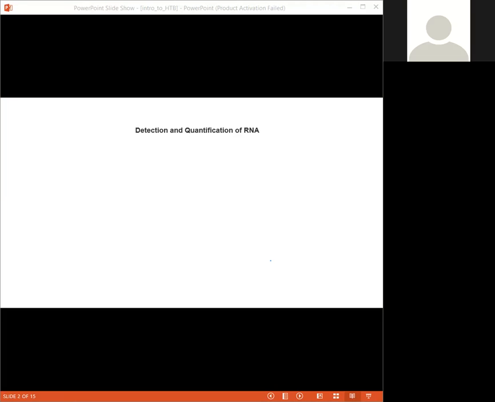Sir, Southern blot. For RNA, you will do Southern blot? For RNA, I'm not saying DNA or protein.